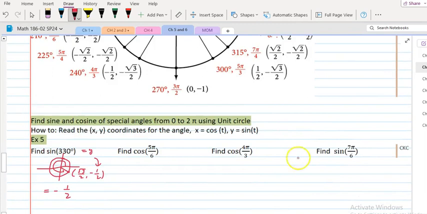To get more familiarized with this, I would write it out, because the more you write it, the better. 5 pi over 6 is here, and this angle is 5 pi over 6.